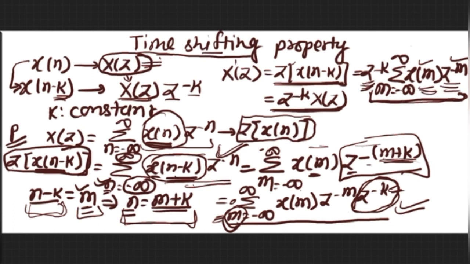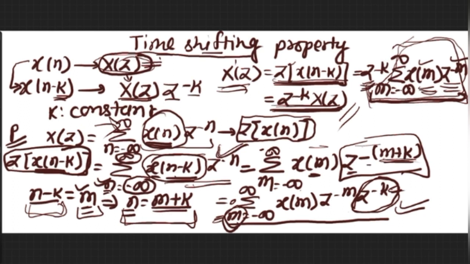Now when we compare this with the equation of the Z transform, we can write X(z) in place of this complete summation. So X dash z, that is the Z transform of x[n minus k], is z to the power minus k X(z). So this property is proved.